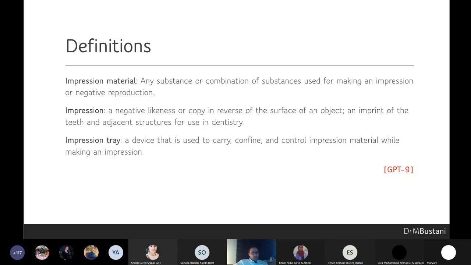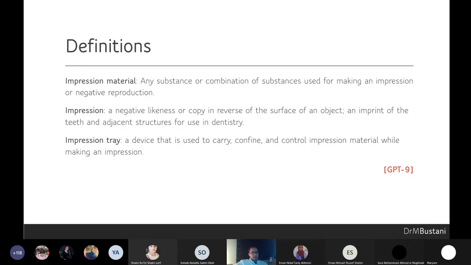Usually our definitions are taken from the Glossary of Prosthodontic Terms. The latest edition is the 9th edition, which was published in 2017, I guess. So whenever you want to give any definition in dentistry, please go back to this reference and get your proper definition from there. So to start with, what is an impression?